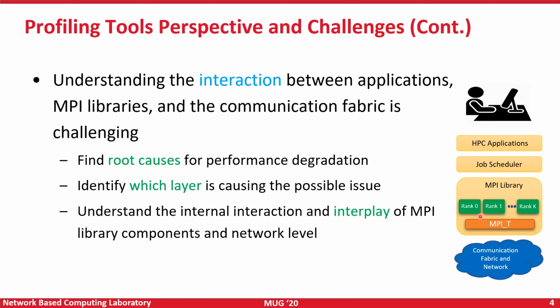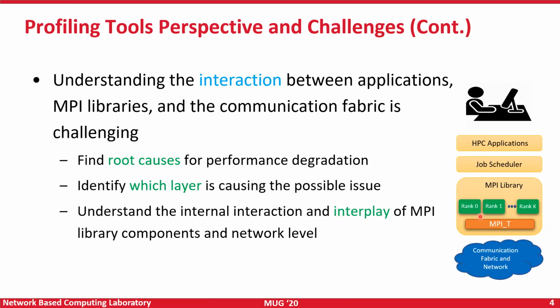For instance, an MPI library can have dozens of collective algorithms. The application may not be aware of this. From the application's perspective, I'm calling MPI all-to-all or MPI bcast. But internally, MPI might be calling one of 20 different algorithms for broadcast, or maybe 6 different algorithms for all-to-all. Now, how does this particular algorithm interact with the communication substrate?